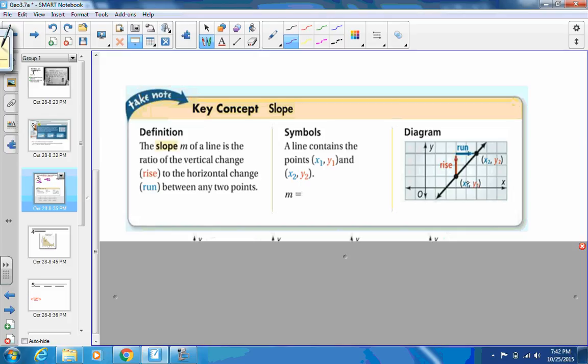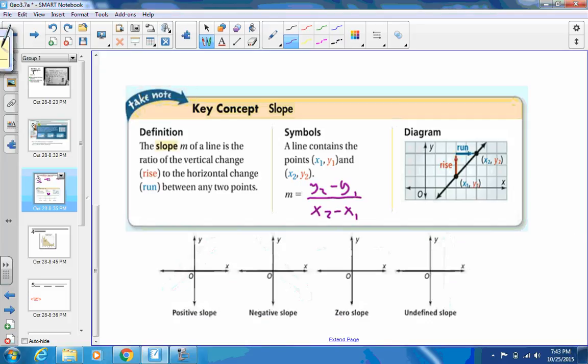If you're looking at the picture over here, this is basically point 1, point 2. The formula for that slope would be y2 minus y1, so the change in y, over x2 minus x1, which is the change in the x's or the run. And that'll tell you what the slope of any line is if you just have 2 points.